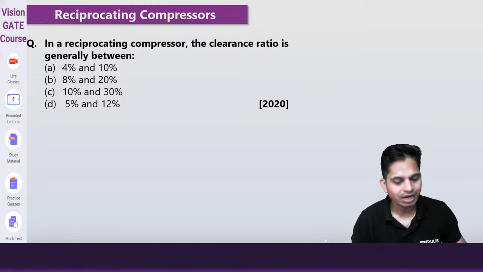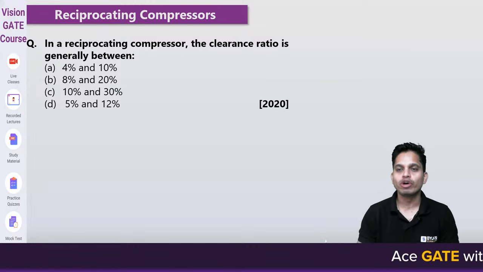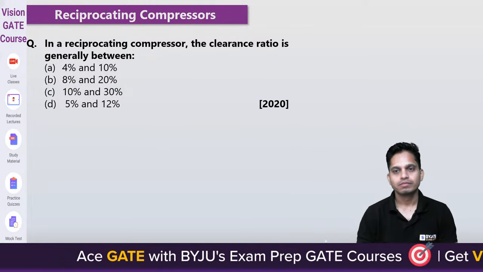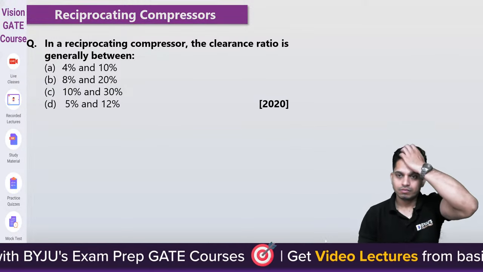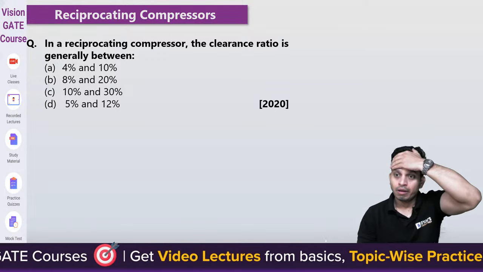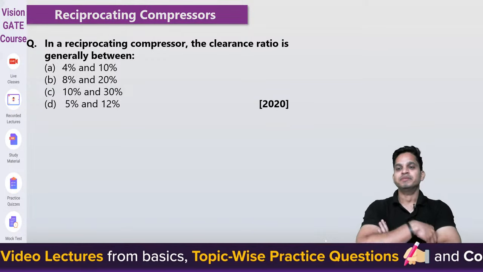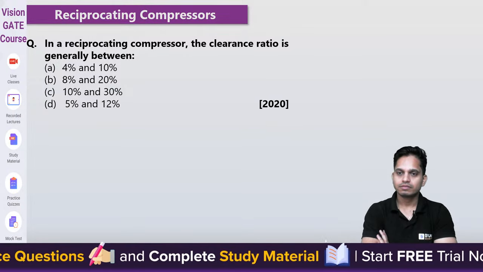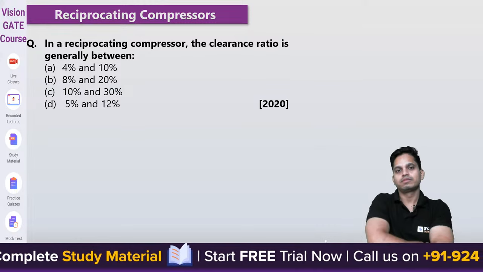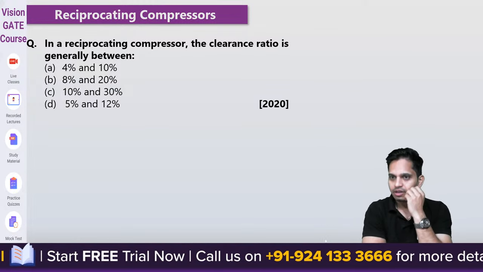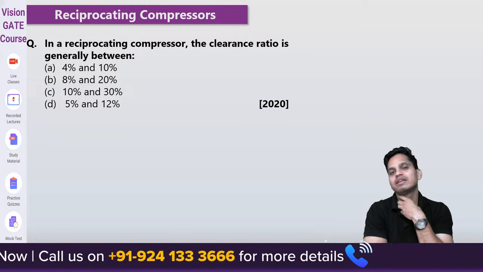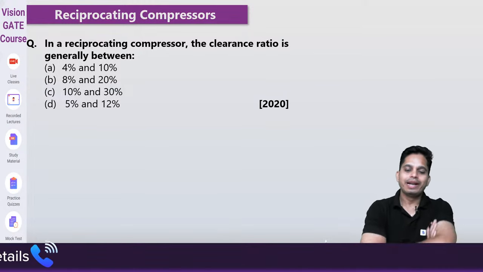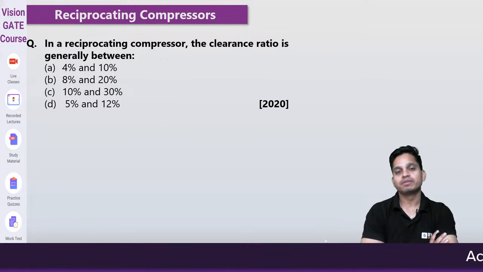In reciprocating compressors, the clearance ratio is generally in what range?